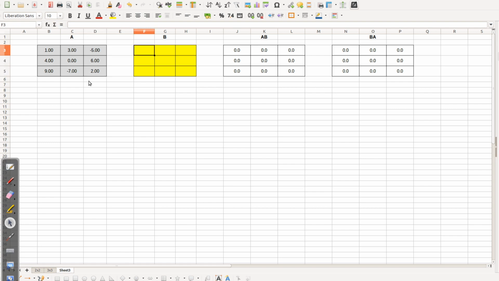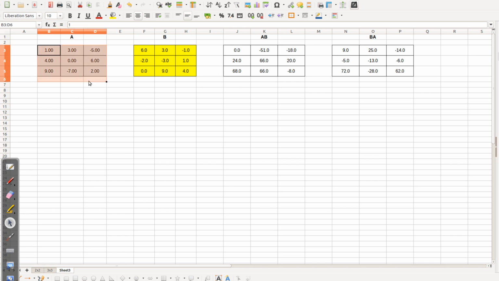Matrix B is 6, 3, minus 1, minus 2, minus 2, minus 3, 1, 0, 8, 9, 4. So these are two matrices.